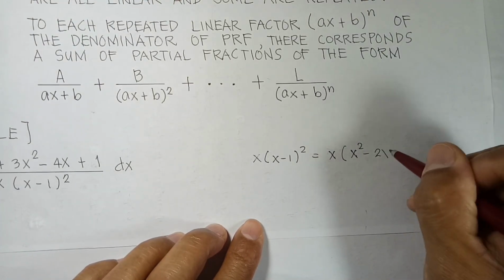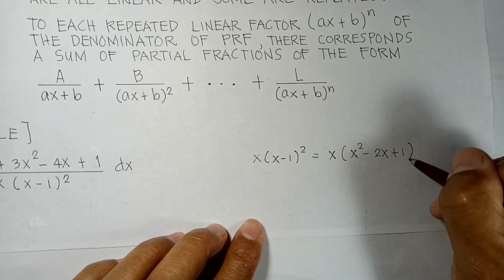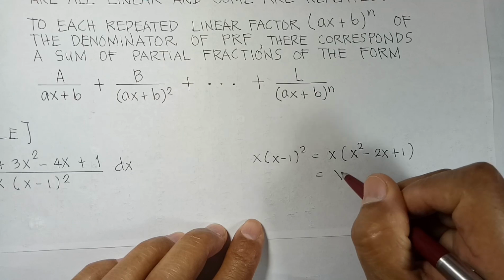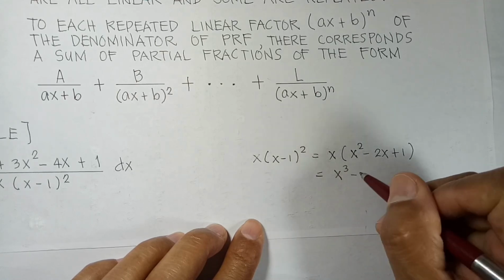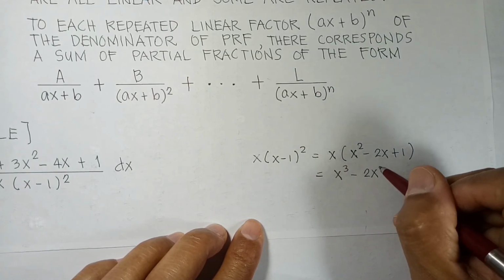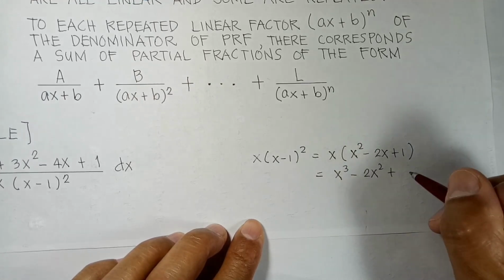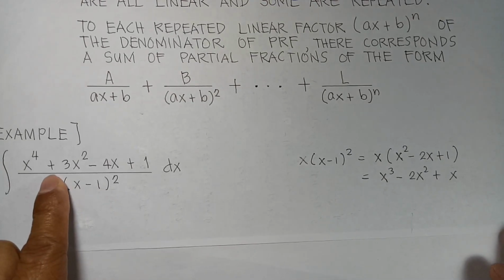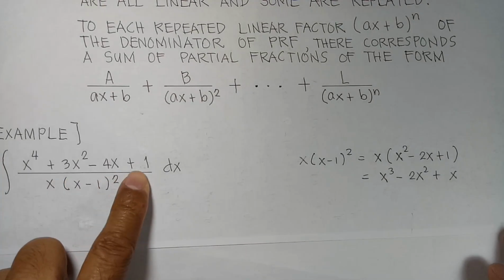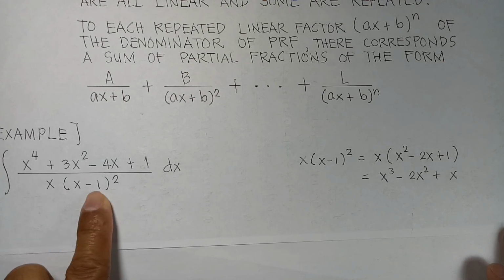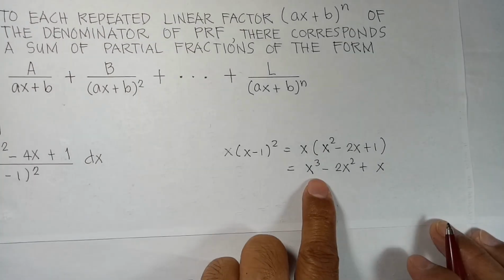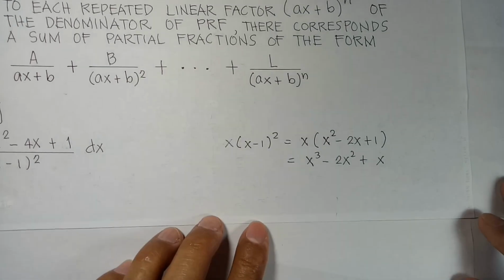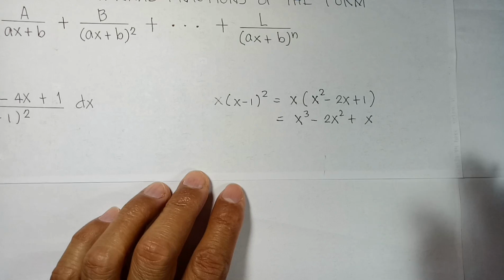Then let us multiply x inside, so we will have x cubed minus 2x squared plus x. Okay, so let us now divide x to the fourth plus 3x squared minus 4x plus 1 by x times x minus 1 squared, which is the same as x cubed minus 2x squared plus x. So we will do long division.